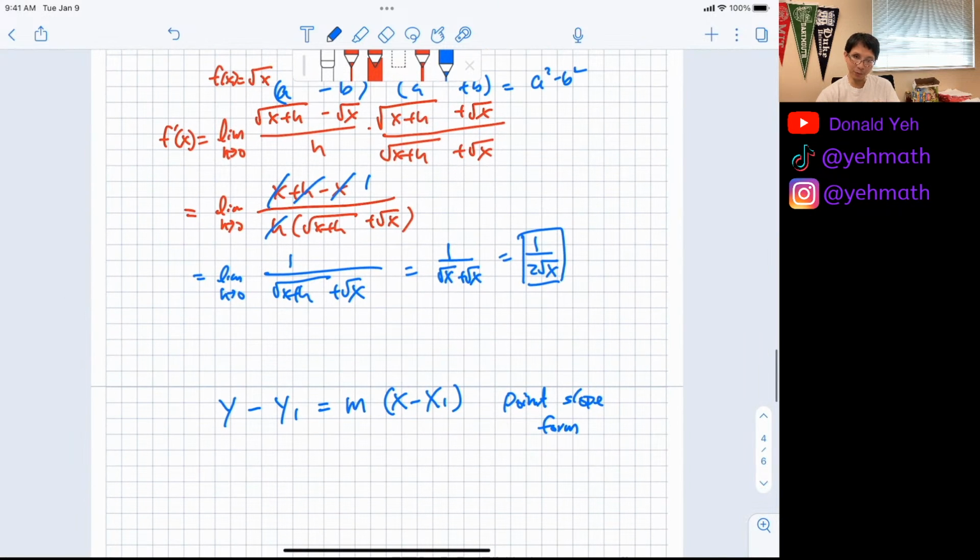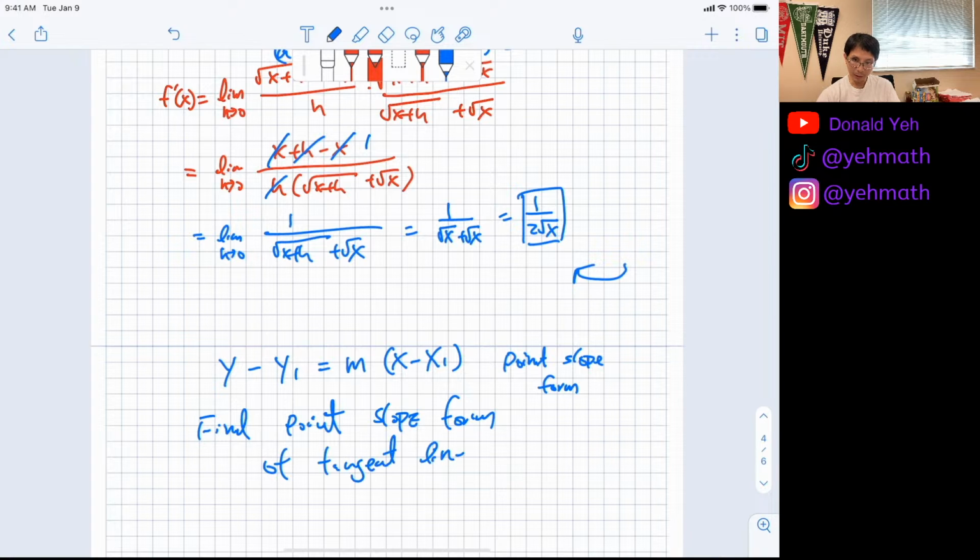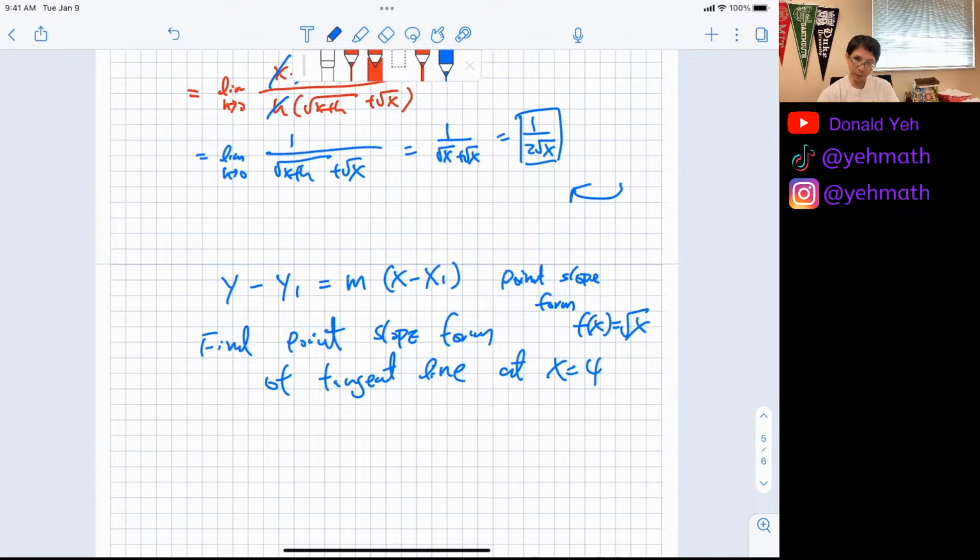Let's just say this, for example. Can you find the point slope form of the tangent line at x equal to 4 when f of x is equal to square root of x, whose derivative you already took care of? What happens when x equals 4?